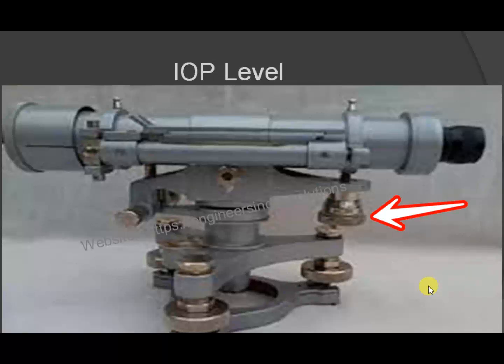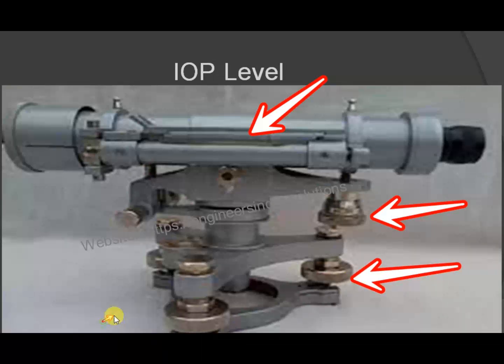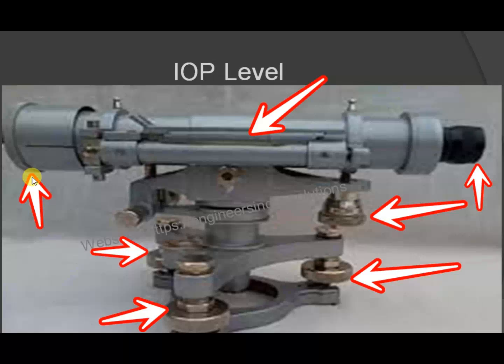So you can just use this particular screw to adjust your instrument and bring the bubble into the center. Here is the bubble tube. These are the 3 foot screws, 1, 2 and 3 over here. Here is the eyepiece. Here is the object vane.